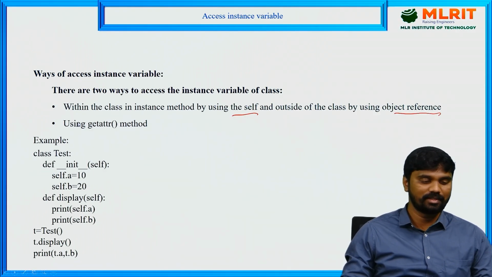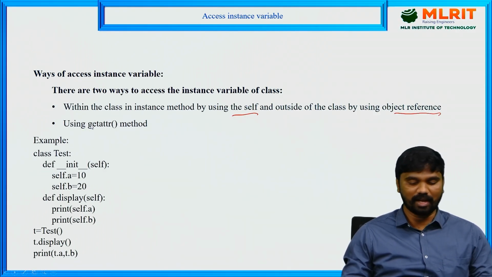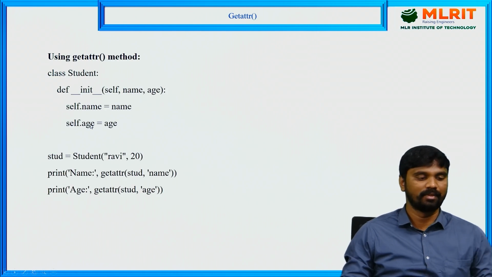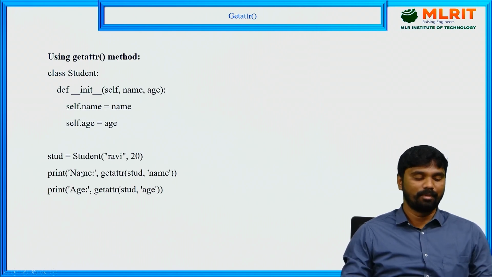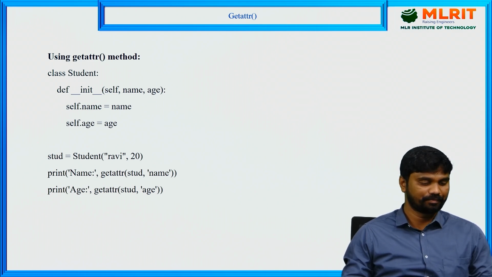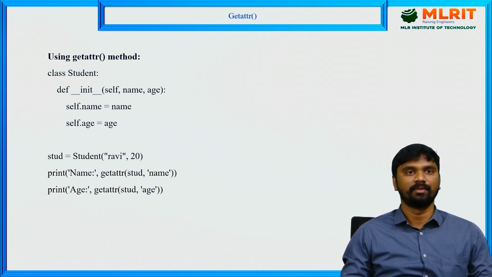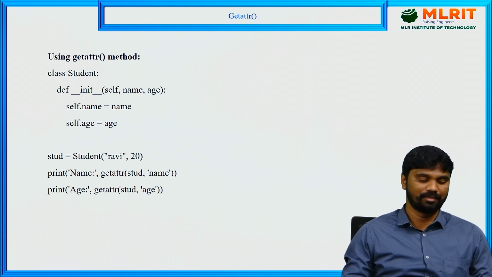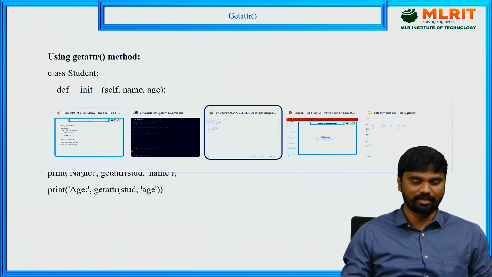Next, there is another way, that is the getattr method. By using the getattr method, we can access the instance variables. Now let me run this example.